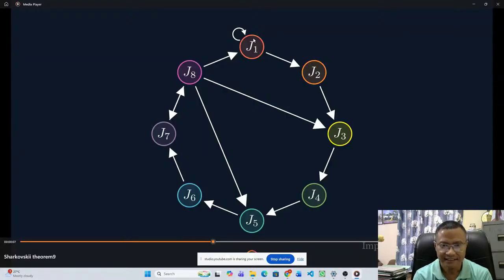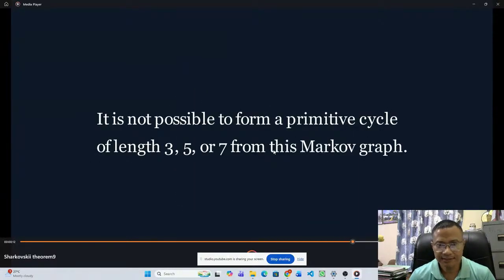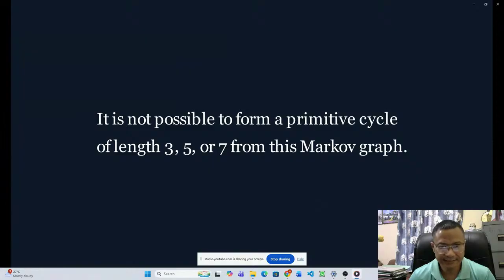The Sharkovsky theorem can be proved using this Markov graph. That is the whole idea of this discussion. As I told you, it is not possible to form a primitive cycle of length 3, 5, and 7 from this Markov graph.